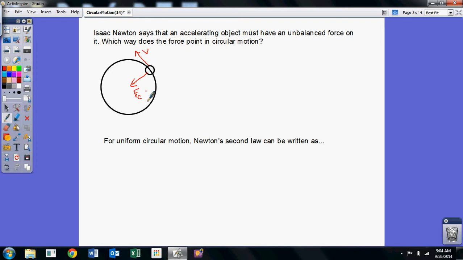Another way to think of that is that the net force and the acceleration always have to point in the same direction. So basically, here, I'll write this down.